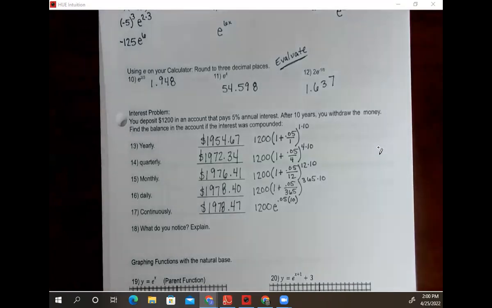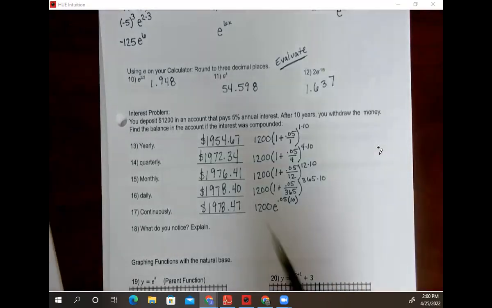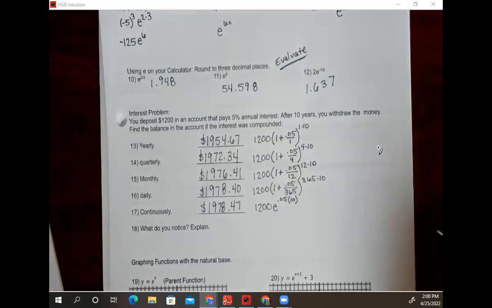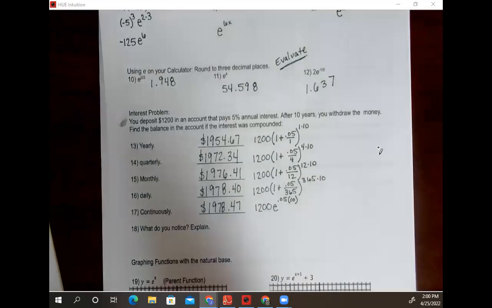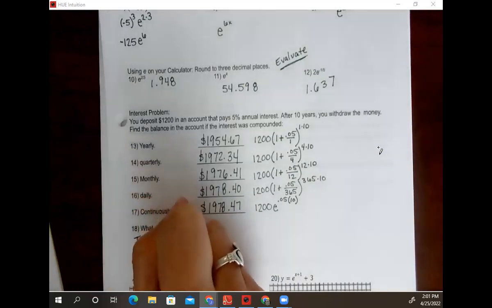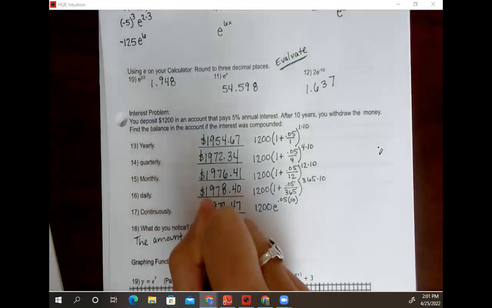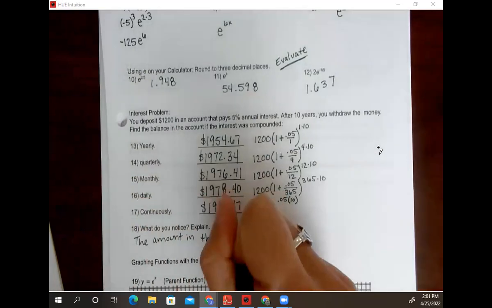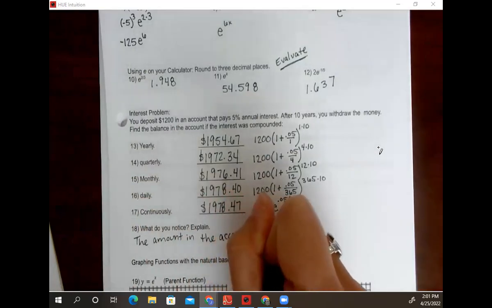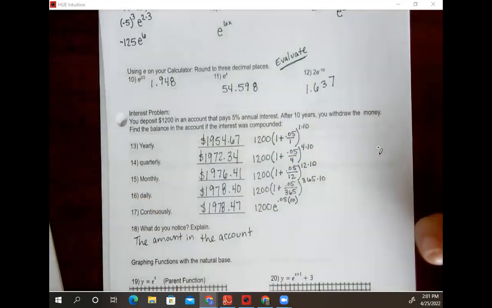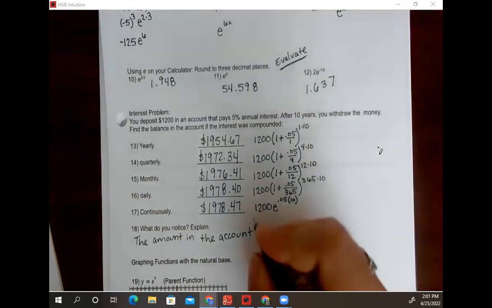I got them here. And then what I see as I increase the number of times I compound my interest in a year, I earn more money. Okay. The amount in the account. And remember, that's what this number is. It's that total amount in my account, including my original principal of $1,200, as well as the interest I've earned over the course of the year.